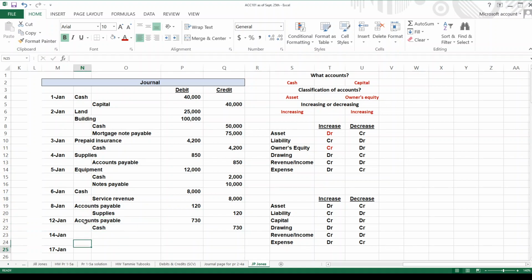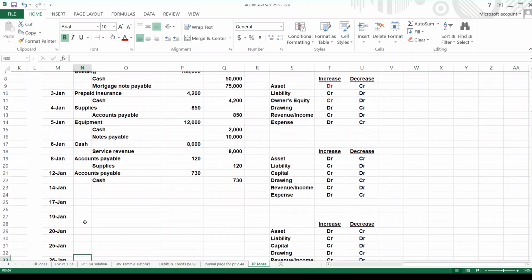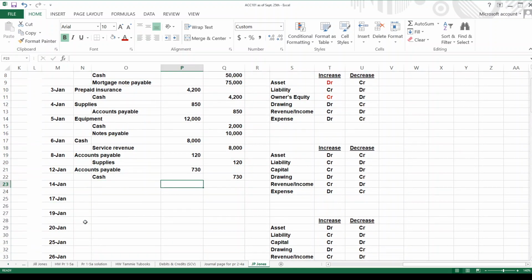14th, billed customers on account. Okay, you did the work. You did the work and you billed the customer. So just from those two statements alone, we know that we've already earned the revenue. So you credit service revenue because you want to increase it.